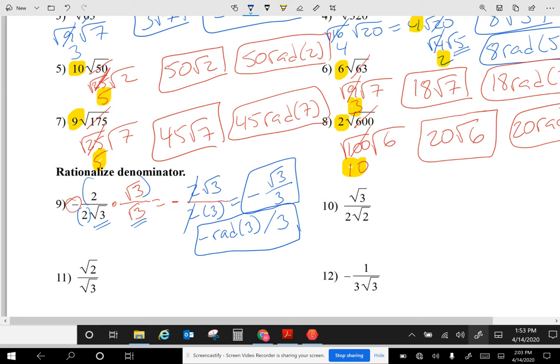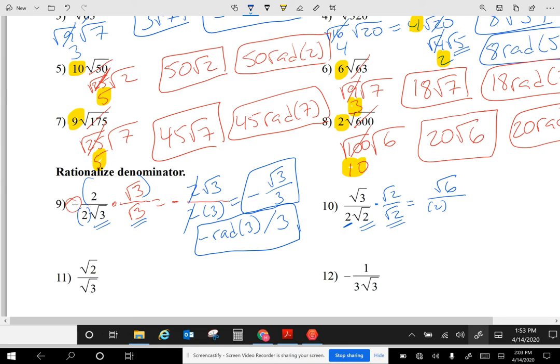Nice. Let's take a look at question number 10. I'm going to multiply top and bottom by radical 2. I always multiply by the radical that I have at the bottom. All right, so on top I have radical 6. Notice I combine these two numbers because they are radicals. I can go whole number with whole number or radical with radical, but do not mix and match. Let's see, what do I have at the bottom? I have that 2 to begin with.